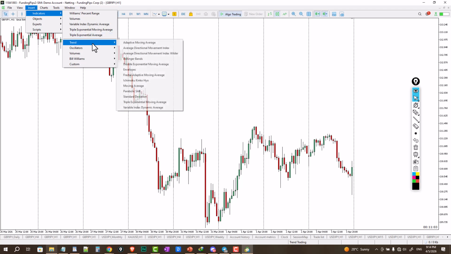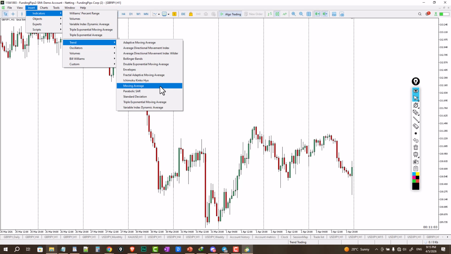Since moving averages are under the category of trend technical indicators, hover over that category, and you'd see moving averages somewhere around here.